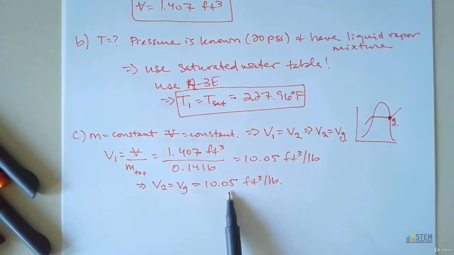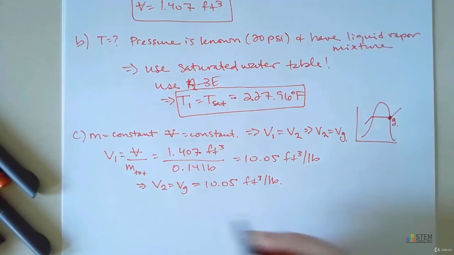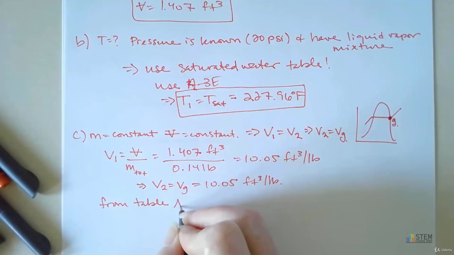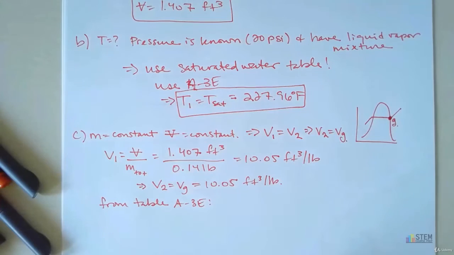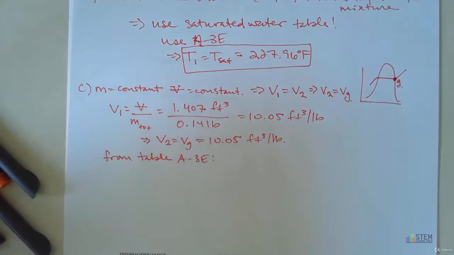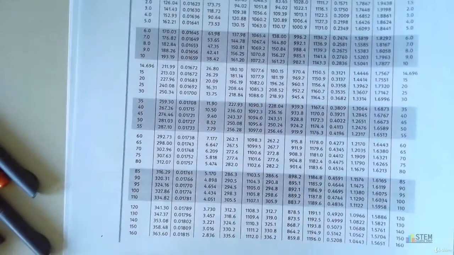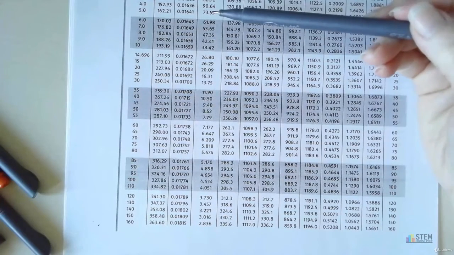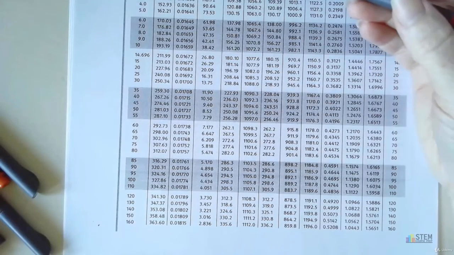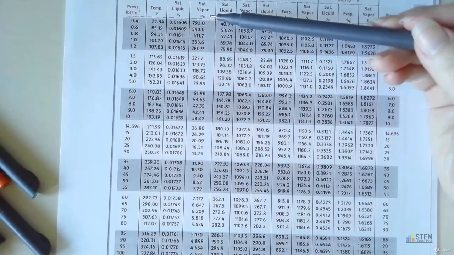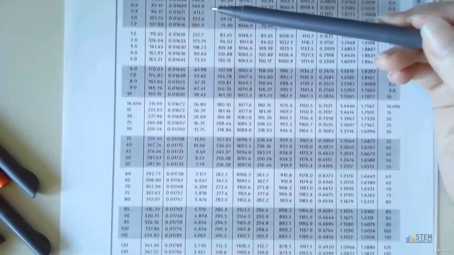Now what we're going to do is go to the table and work backwards. We're going to go to that table A-3E, and we're going to look in that table and figure out where we might be. So our VG number, or V2, was 10.05. So we're going to look in this column, the saturated vapor column, and we're going to find numbers that are close to 10.05.